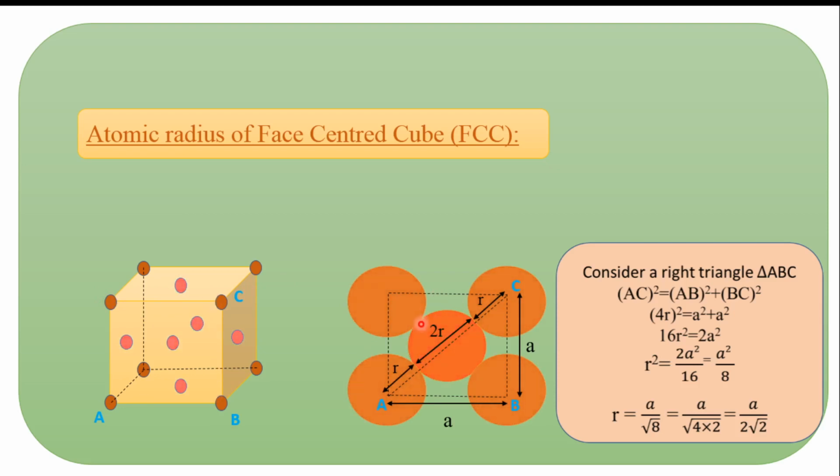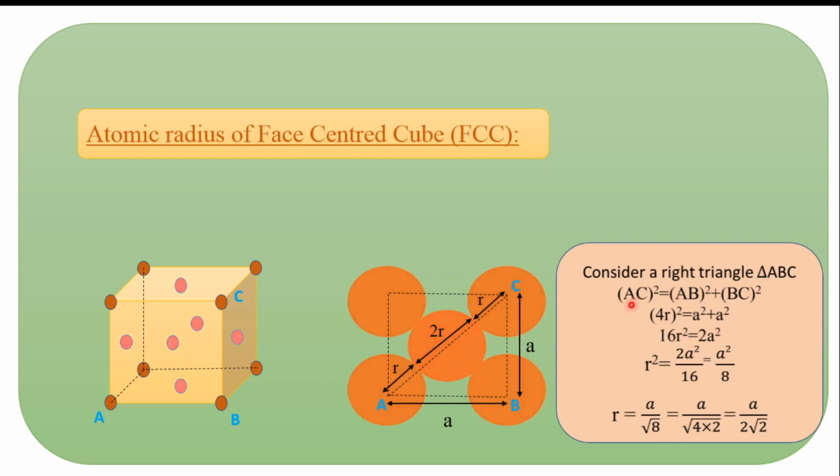So this is A, B, C. This is the A to C distance. The total atom distance is 2R plus R plus R, that is 4R, and the edge distance BC is A, and AB is A.